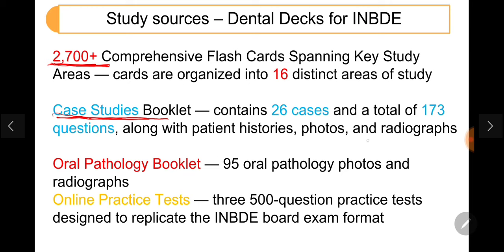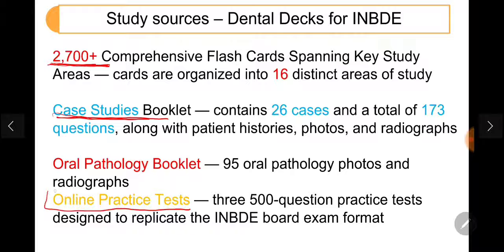You can use the electronic flashcards, and they also have practice online exams. The flashcards have quizzes that you can do every day, after you do a section.